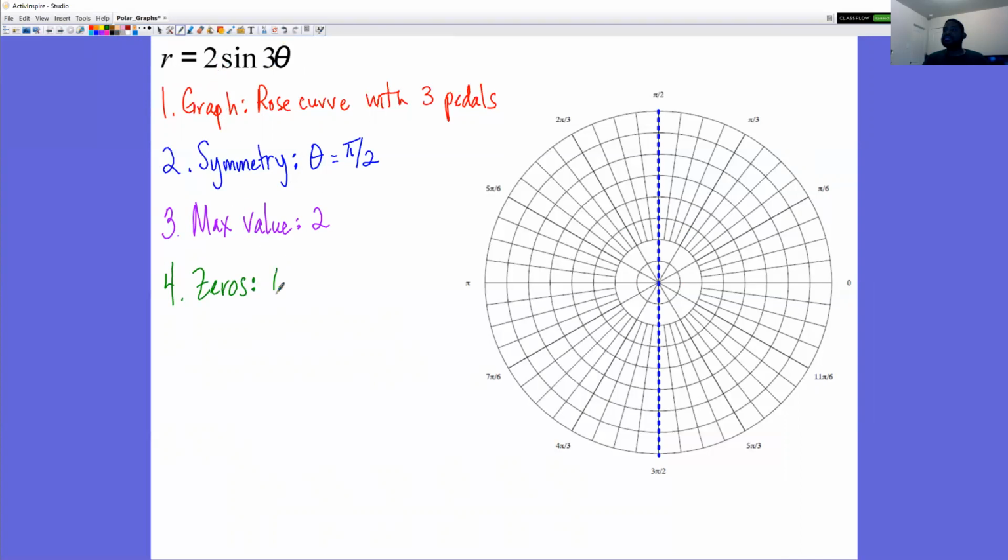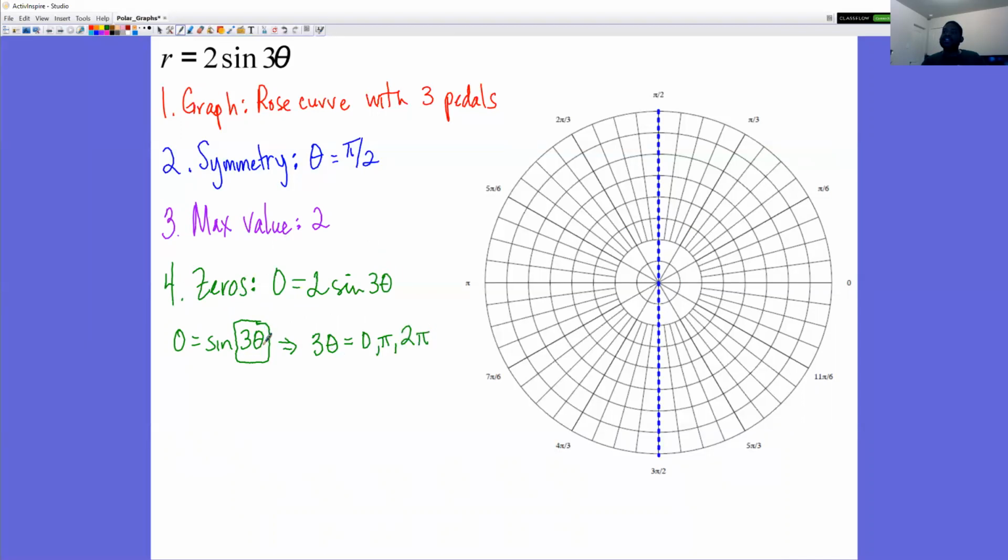So I'm going to set 2 sine 3 theta equal to 0. When you divide by 2, you get sine 3 theta equals 0. We have to keep in mind this is a multiple angle equation, so I'm going to box this in because that's going to be very important. Okay, so this is 0 when theta equals 0, pi, and 2 pi.